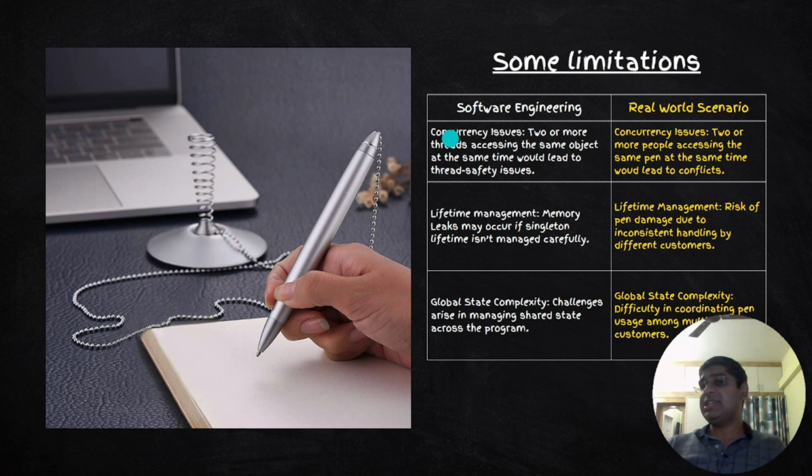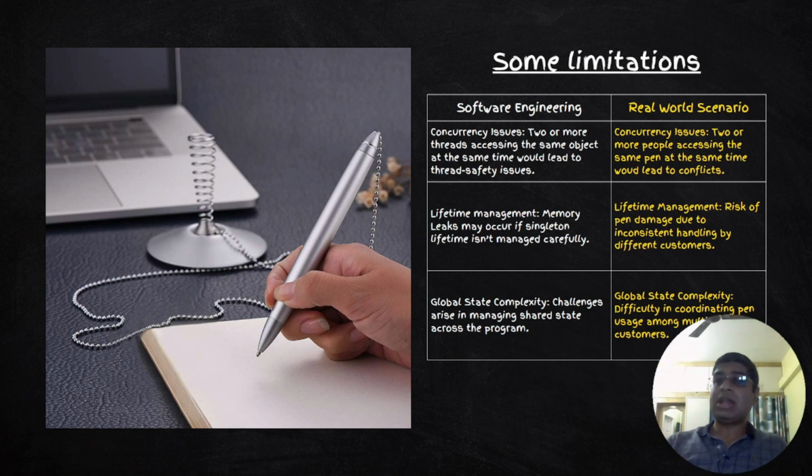The first thing is concurrency. Now in terms of software engineering, concurrency issues: two or more threads accessing the same object at the same time would lead to a thread safety issue. Okay, so there's something called thread safety issue. Imagine 2 or 3 threads operating on a single object at the same time.